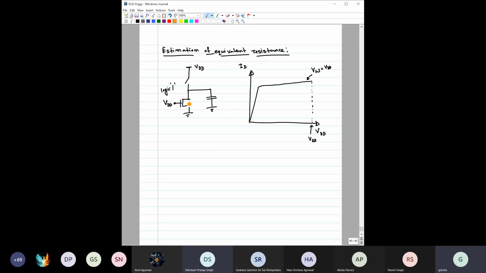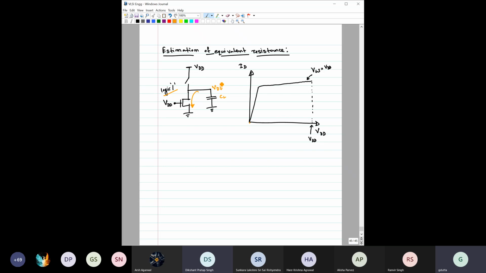Consider, for example, this condition where a logic one is given, so the PMOS is off and the NMOS is on, and say the output has been charged to VDD. Now the capacitive load has a path to discharge through this inverter.